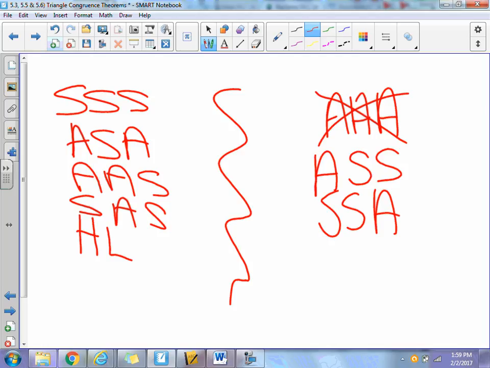No. They don't work. Just because you have two sides that match and an angle hanging out somewhere, it's not necessarily going to make the two triangles congruent, so we cannot use them. So if you can remember, AAA doesn't work, SSA and ASS backwards don't work, you should be pretty good. All the other combos plus HL work.